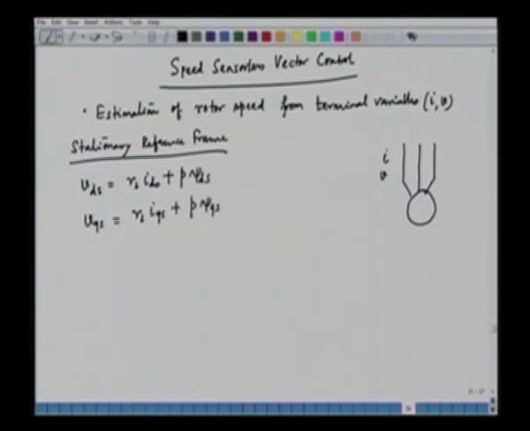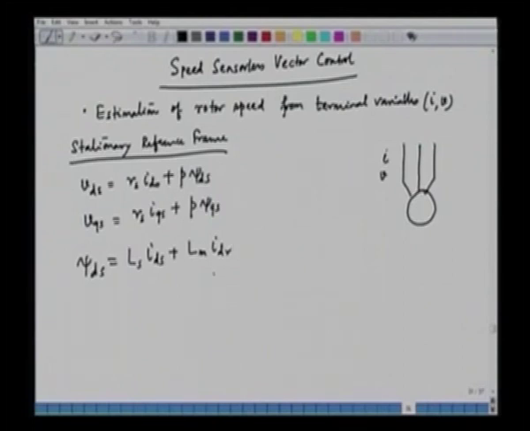And we can express this flux in terms of current. So what we can do here is that we can say, for example, in the d axis, that psi ds equal to Ls IDS plus Lm into IDR.